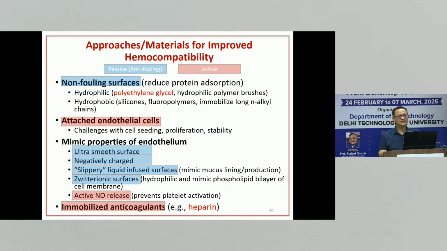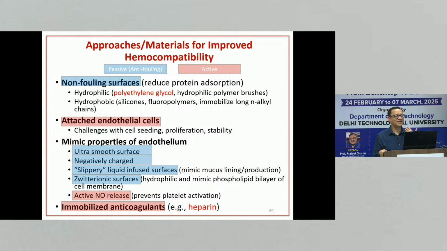Other things we can do is mimic the endothelium layer. You want an ultra smooth surface, you can have a slippery surface, a negatively charged surface, a zwitterionic surface. With a zwitterion, the net charge is neutral, it's not positive or negative. Or you can have active release of nitric oxide, which we'll talk a lot about later.